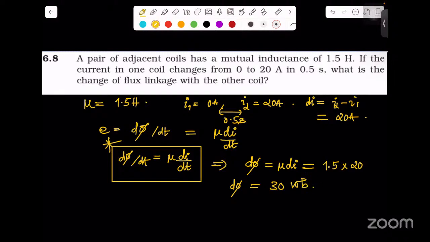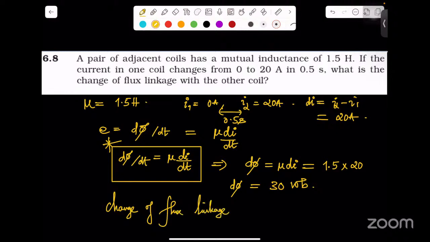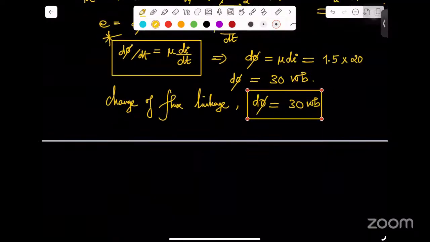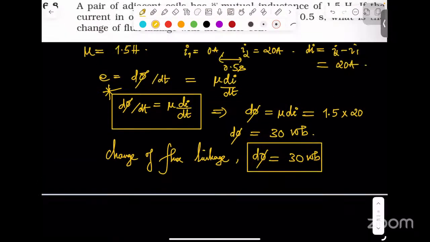So the change of flux linkage with the other coil, that is d phi, is 30 Webers. Okay. So this question is also done. So yeah, this is the answer to this question.